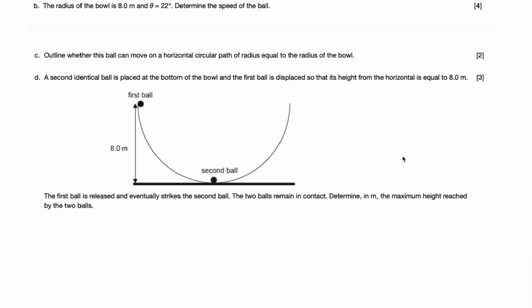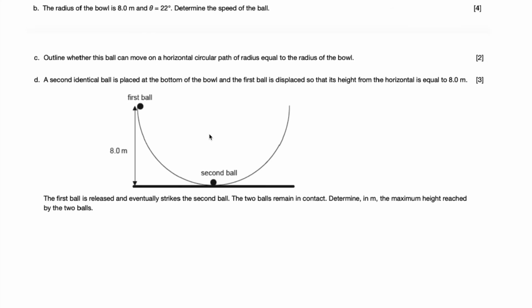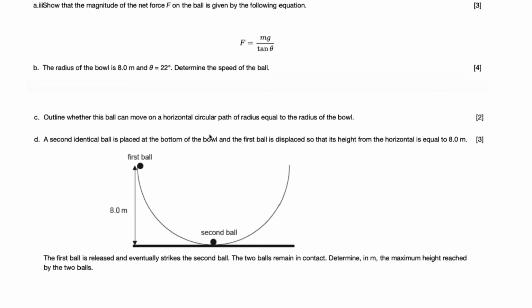The radius of the bowl is 8.0 meters and theta is 22 degrees. Determine the speed of the ball. So here we know how to calculate the net force. And we know net force also refers to the centripetal force, which is calculated by the formula of mass times velocity squared over r.